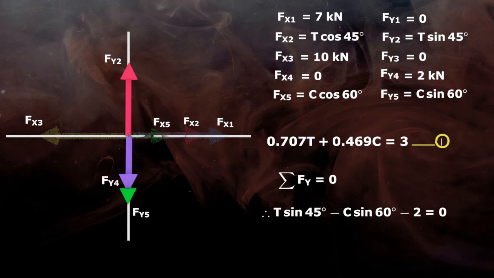Here also, components C sin 60 and 2 kN are in opposite direction to component T sin 45, and so they are deducted. So we get 0.707T minus 0.866C is equals to 2, which becomes our equation number 2.